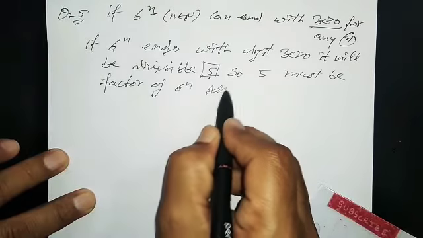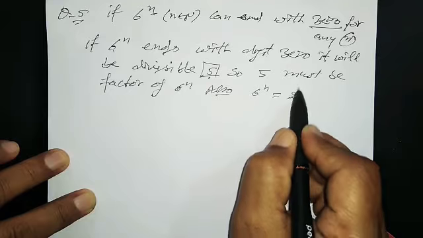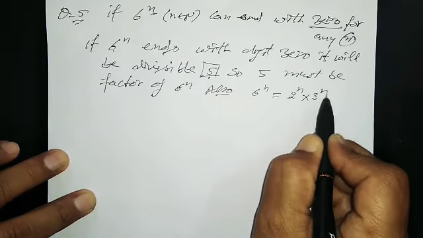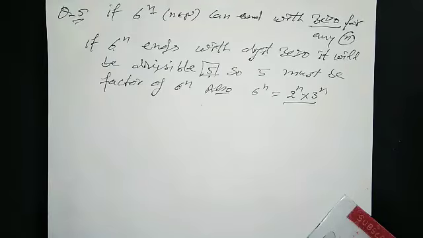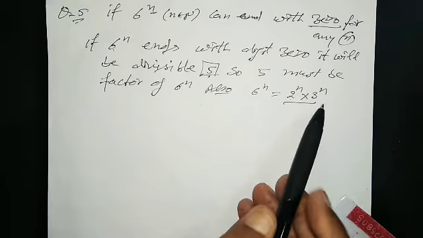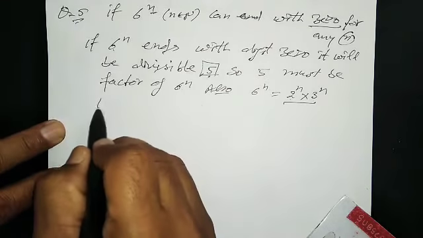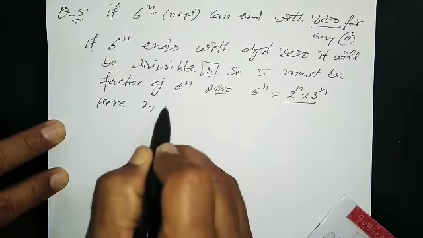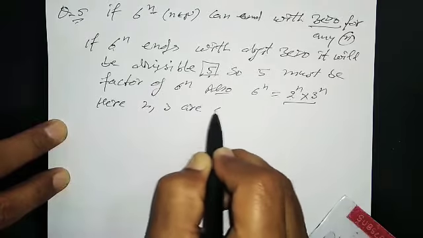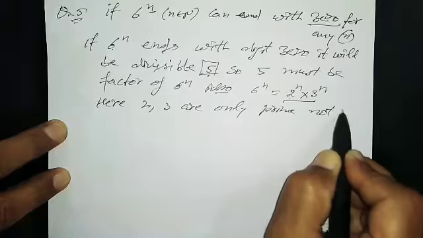Also, 6 power n can be written as 2 power n into 3 power n. Here 2 and 3 are the only primes, not 5.